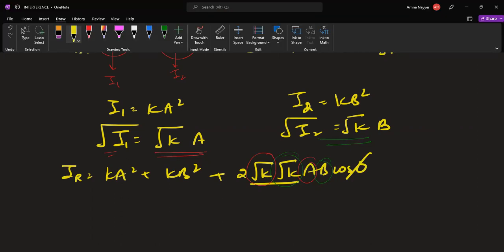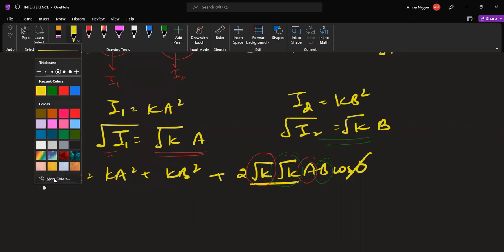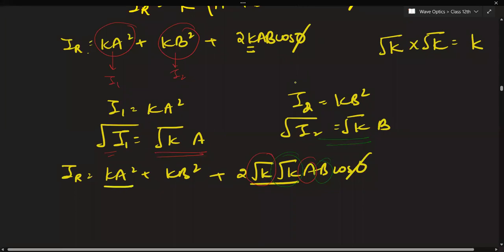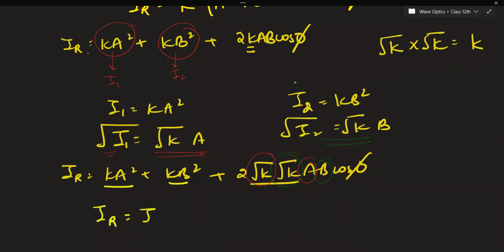So if you look here, this was root K. So we write the intensity's resultant equation as, I can write Ka square as I1 plus Kb square as I2 plus 2 under root K into A, I can write it as root I1, under root K into B, I can write it as root I2, cos phi.